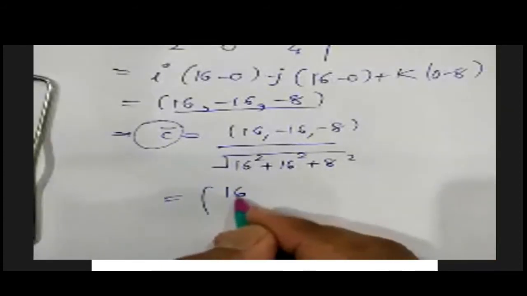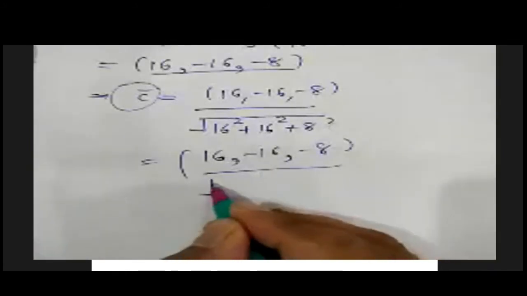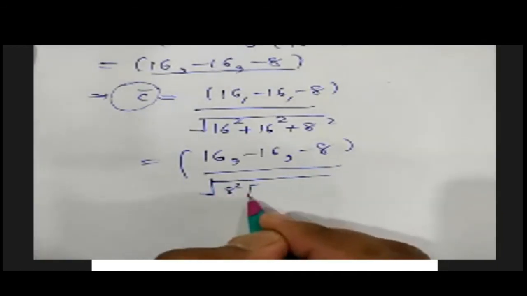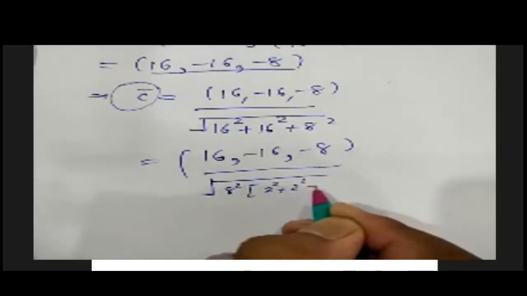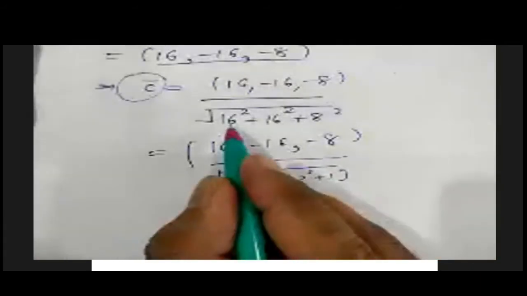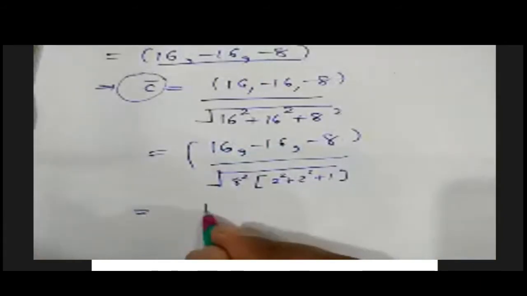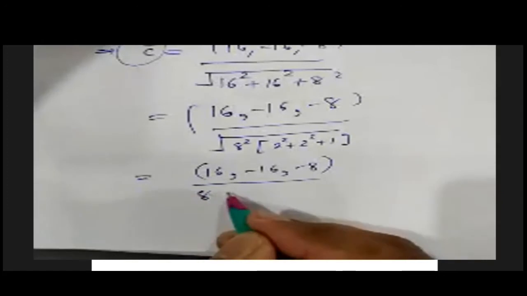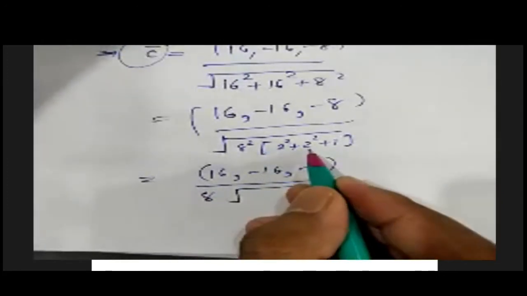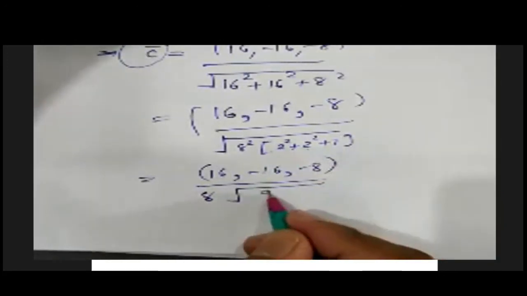So we are having 16, 16, 8 upon the magnitude. Can anyone help me? 8 square common: 2 square, 2 square, 1. 8 square common, from 16, 16, 8. To reduce the calculation, we did this. So 2 square is 4, 4, 8, 9.